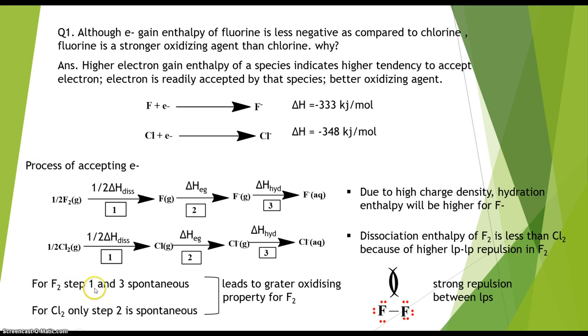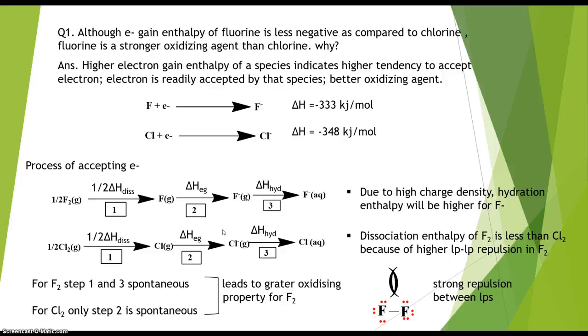Because for fluorine, step 1 and step 3 are spontaneous, but for chlorine only step 2 is spontaneous. So till now we have concluded that the process of accepting an electron for fluorine is more spontaneous than for chlorine, correct?